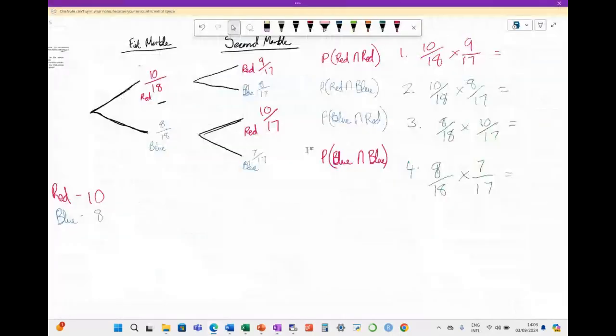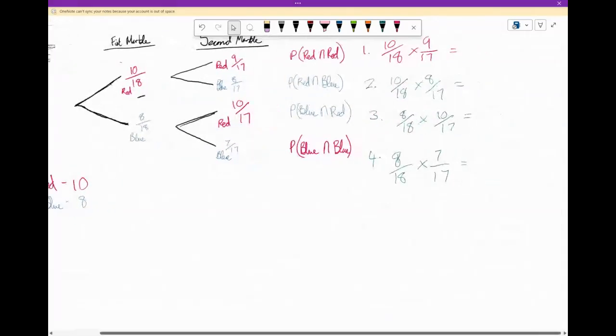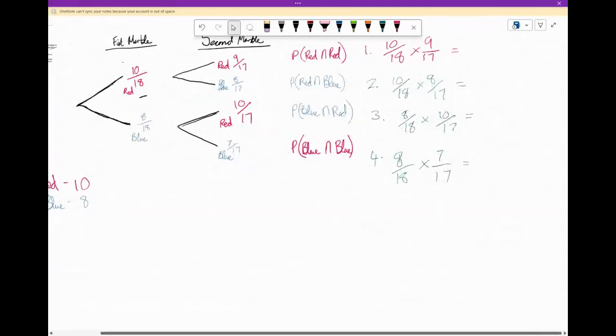Okay, so let's continue. Can we please calculate the probabilities there? Five over 17, huh?